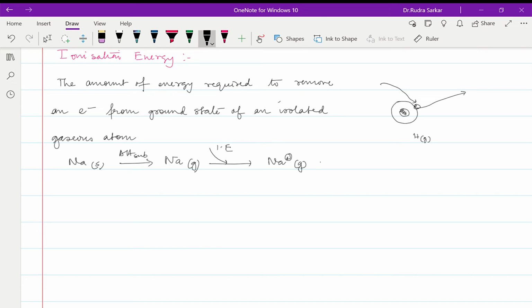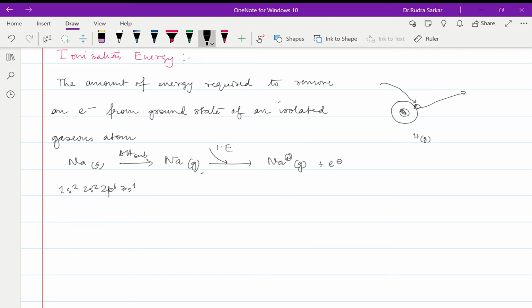Now, this is the sodium gas. It has one valence electron, say, in the outermost shell. We all know that sodium means what? 1s2, 2s2, 2p6, 3s1. Suppose we are dealing with one sodium atom like this, okay? And we have heated it, so it is subliming to form the gas.